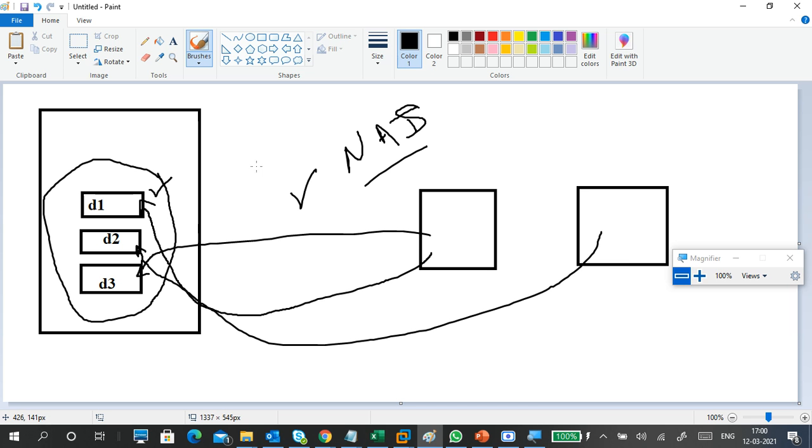It is usually like a shared folder, shared file kind of stuff only. We use protocols to access it like CIFS, NFS, SMB share. NFS share, and SMB share is nothing but a Windows share. CIFS is cross-platform, meaning Windows to Linux, Linux to Windows.